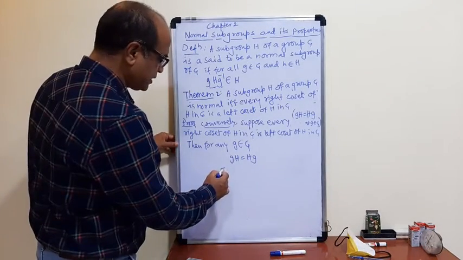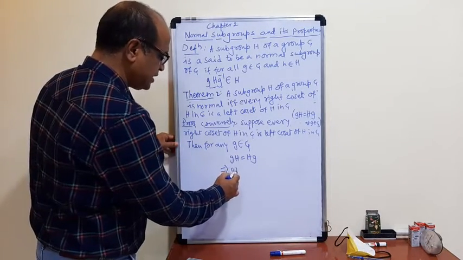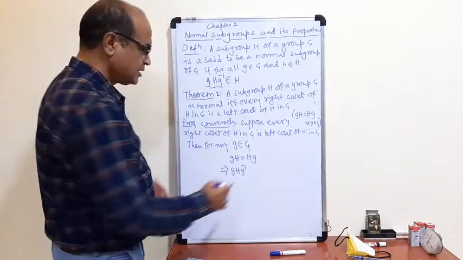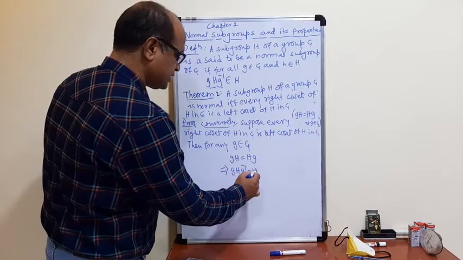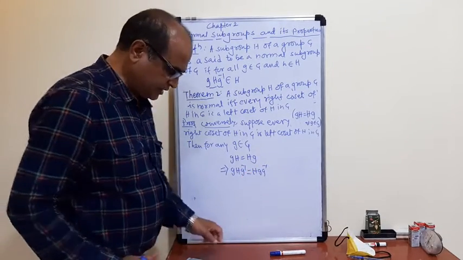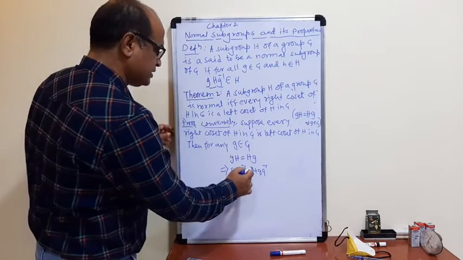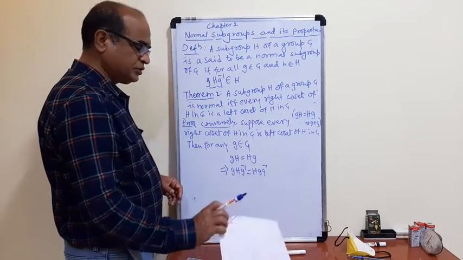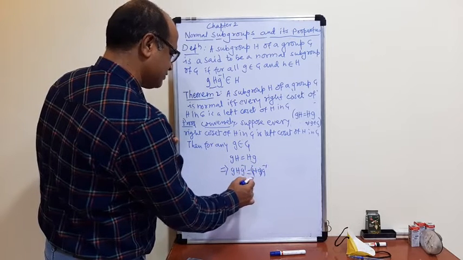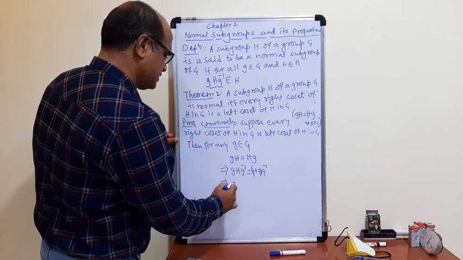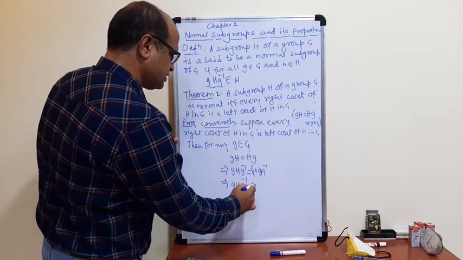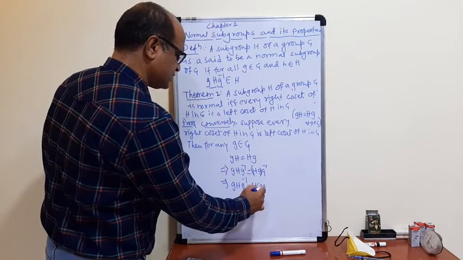So this implies that, multiplying by g inverse, gHg inverse is equal to H g g inverse.